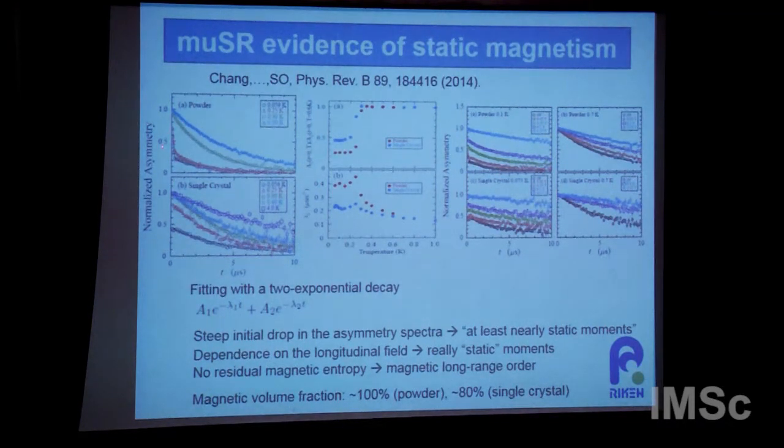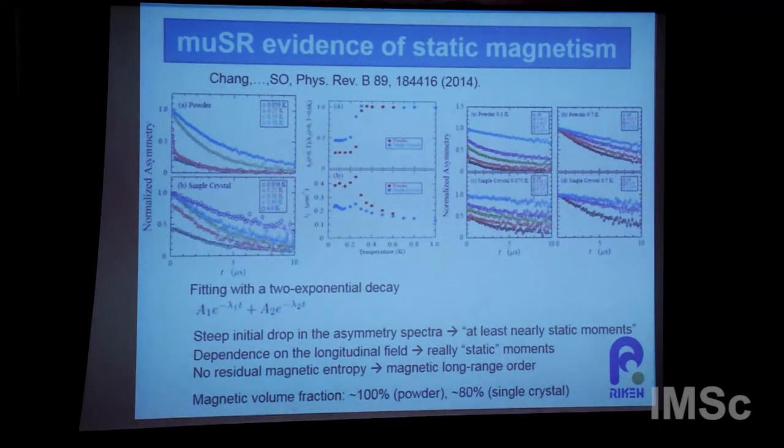And ideally, we could see some wiggle associated with the muon spin rotations under the field, that is, the precession. But it is not a necessary condition for the long-range order. And when the muon is trapped at a site where the moments cancel each other out, then we cannot see that.